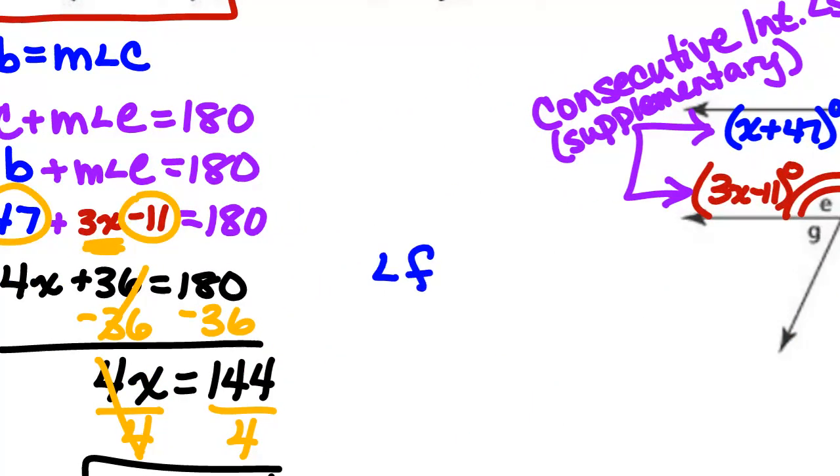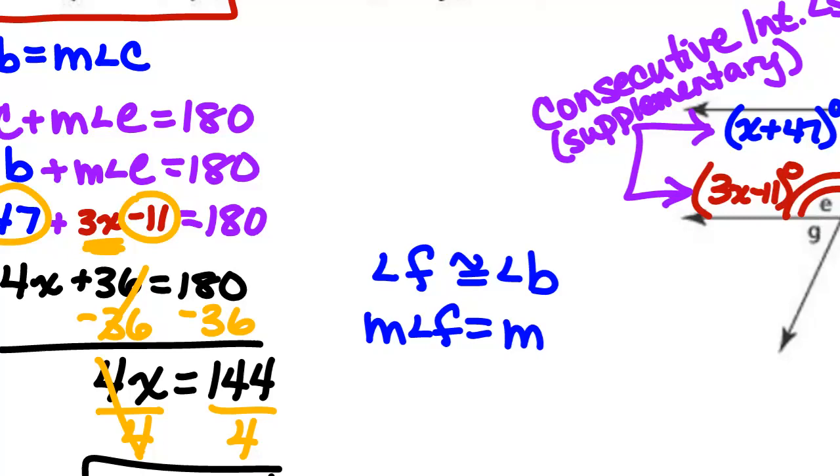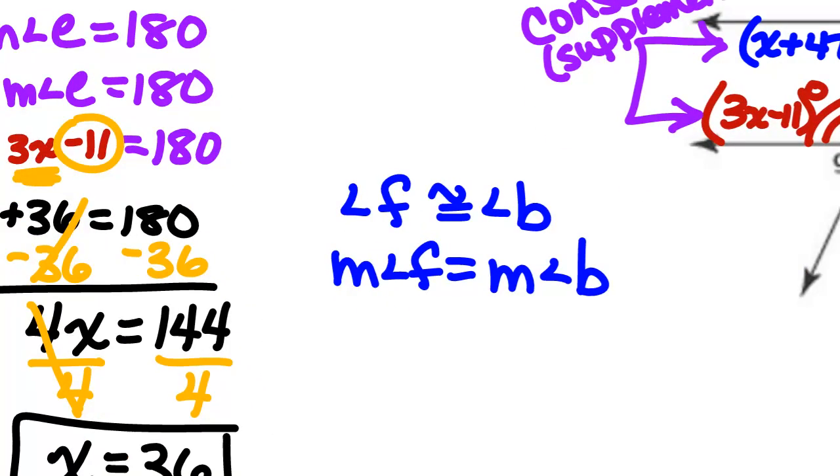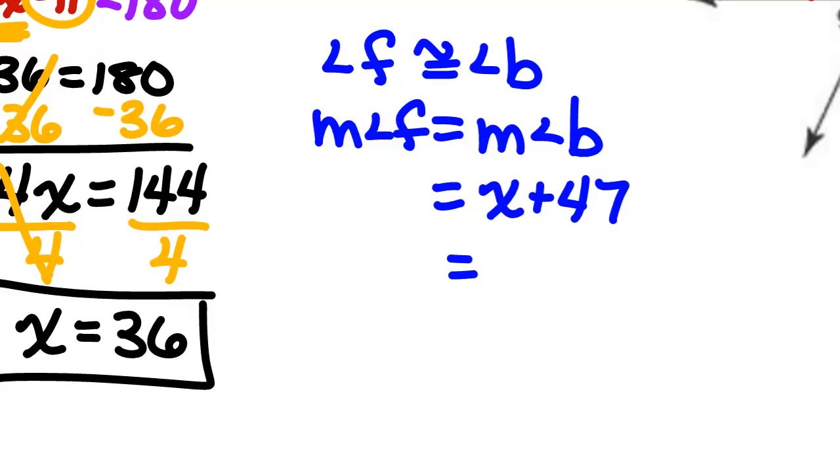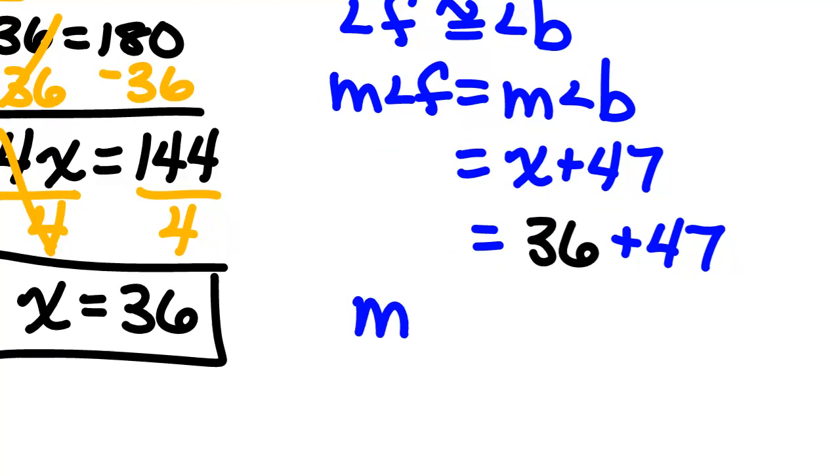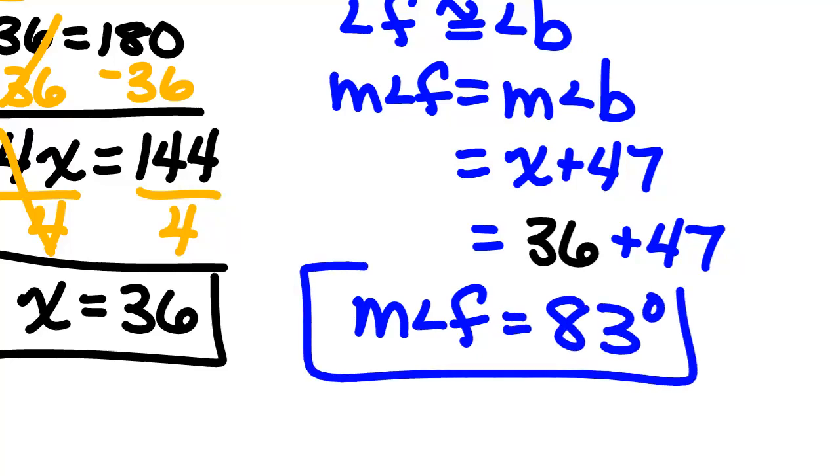So angle F is congruent to angle B. So the measurement of angle F is equal to the measurement of angle B. So x plus 47, we just found out that x is 36. So 36 plus 47, measurement of angle F is 83 degrees.